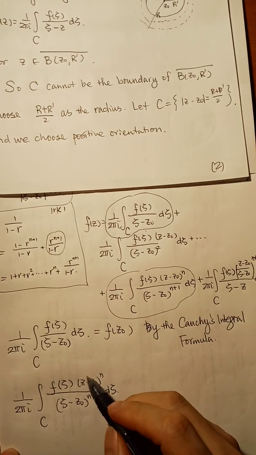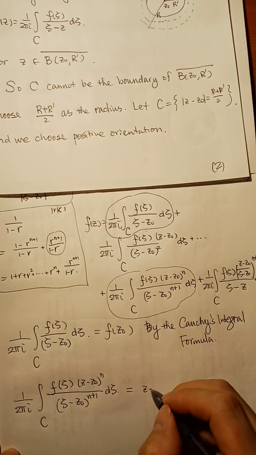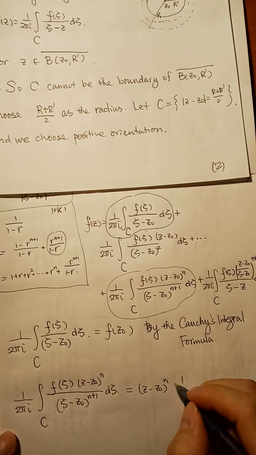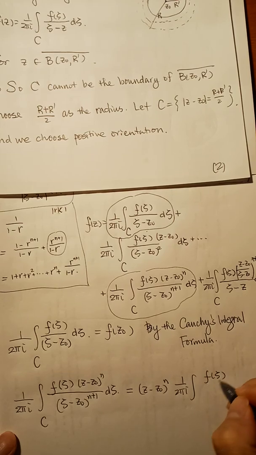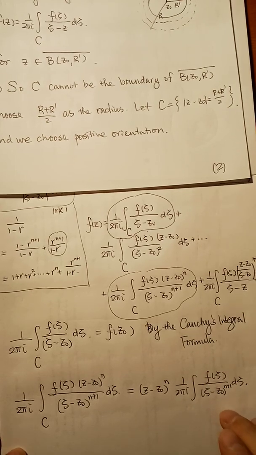Okay, so first of all, (z - z0) to the nth power is a constant. You can move it forward. And then you have the integral. Check what this is.